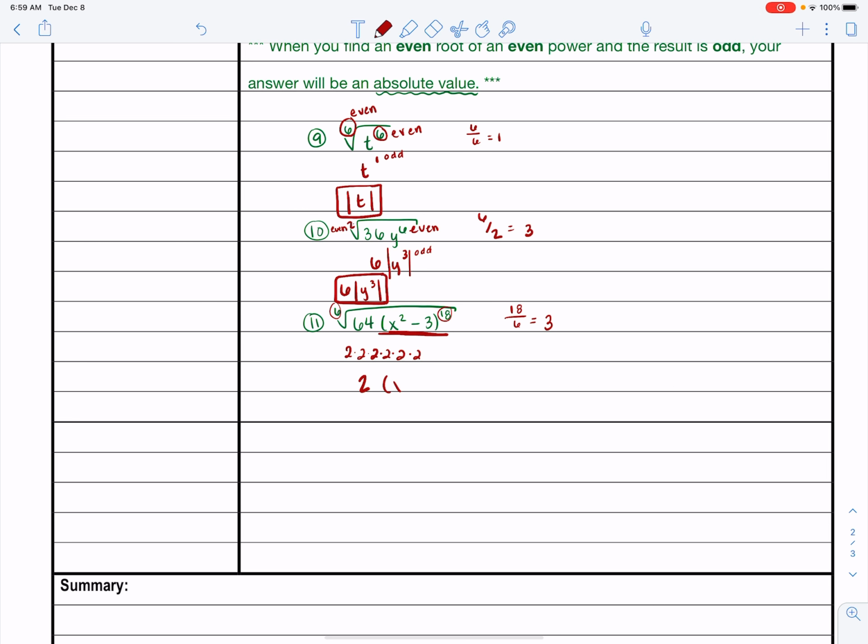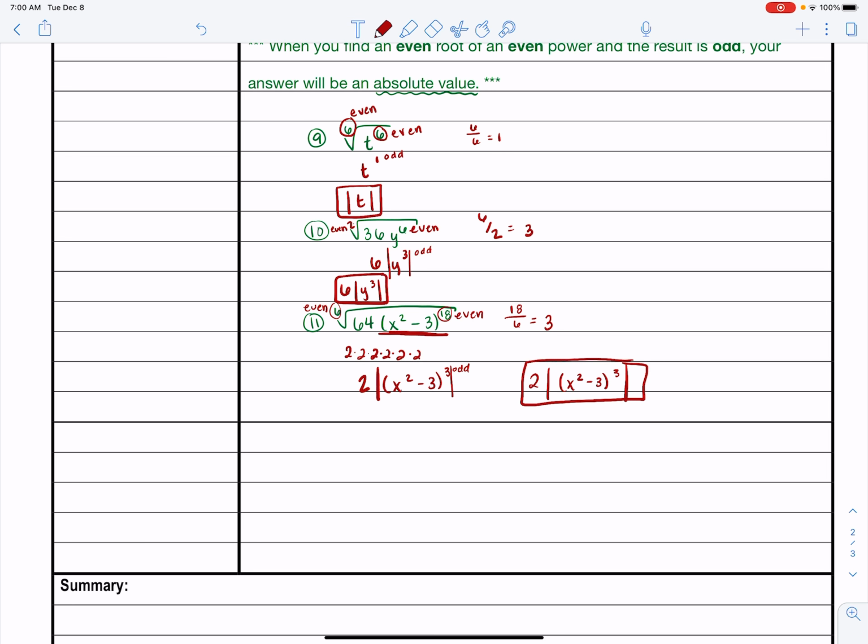So I have x squared minus 3, cubed. Now, it's an even root, an even power, but it gave me something that's odd. So this needs to be in absolute values. So I have 2 times the absolute value of x squared minus 3, cubed.